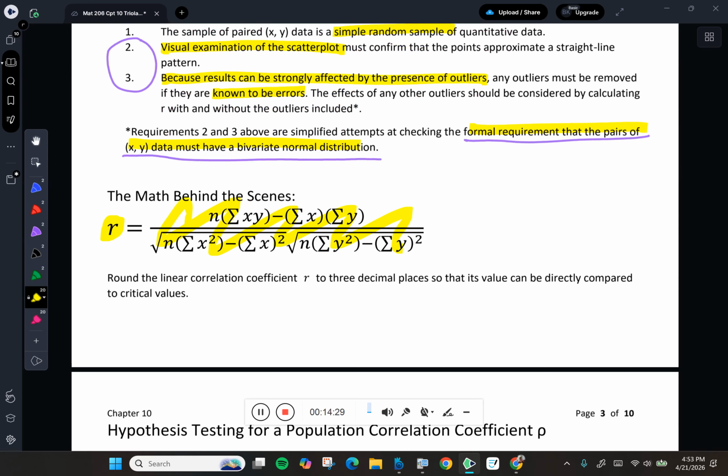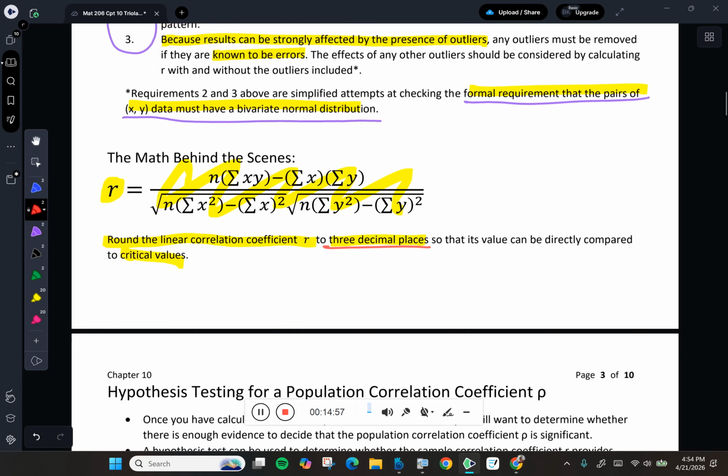So we're going to let the calculator do the work for us because it's a nice, easy, clean way to do it. In general, we're going to round our linear correlation coefficient to 3 decimal places. Why 3? It's a holdover from back in the day when we worried about critical values. But most of the homework is going to ask for the linear correlation to 3 decimal places, so get in the habit of rounding it to 3.